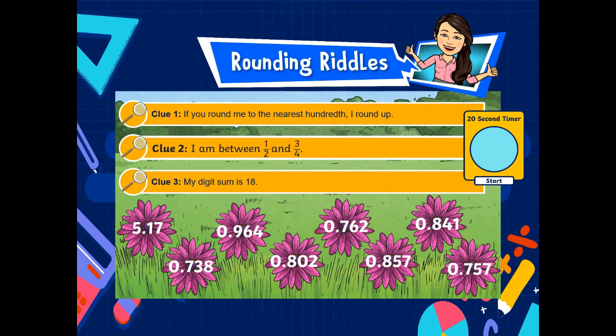Try another one. Your 20 seconds starts now. The answer to the riddle is 738 thousandths. Did you get the same answer?